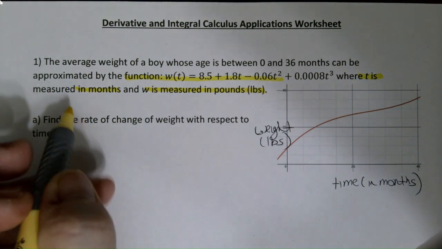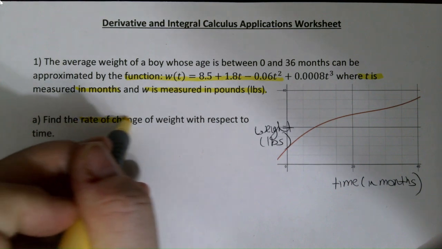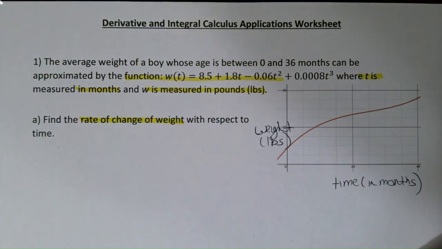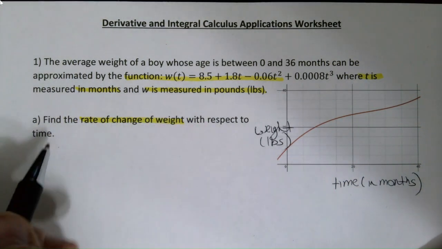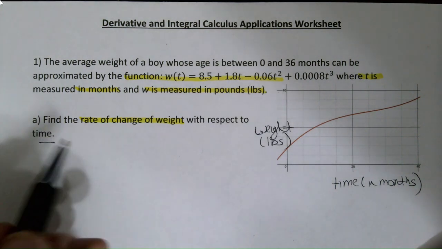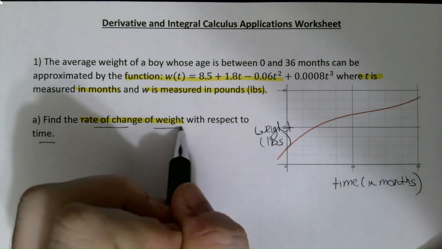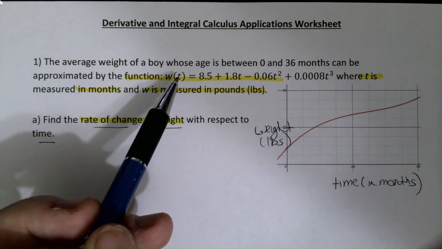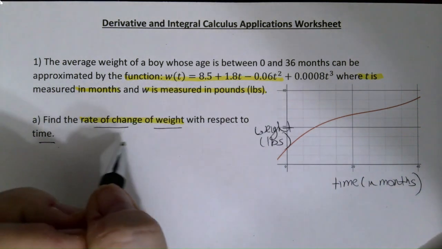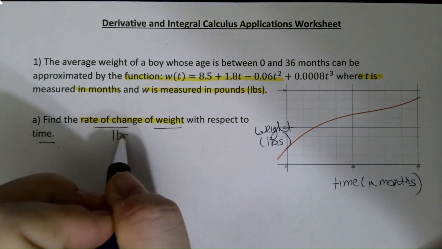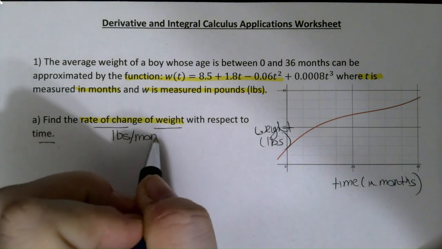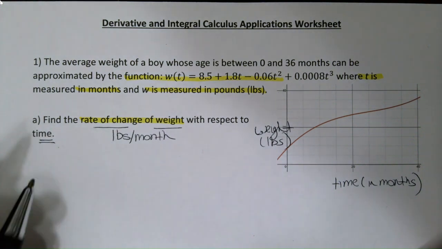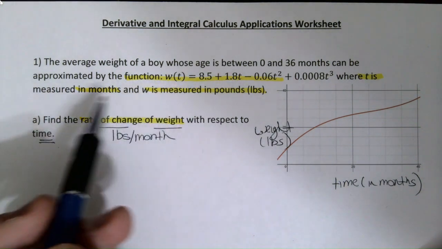So one of the things we are looking for in this case is rate of change of weight with respect to time. What I have is a function representing weight. So rate of change of weight would mean pounds per month in this case, since I'm doing it with respect to time, and this is in months.